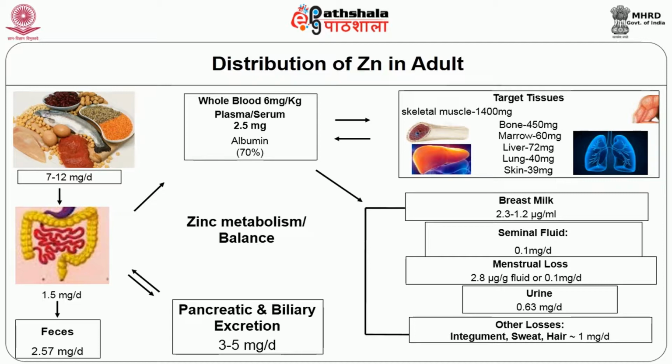Secretions like pancreatic and biliary secretions provide some amount of zinc, which is reabsorbed through the intestine, and what is not absorbed is excreted through the feces.